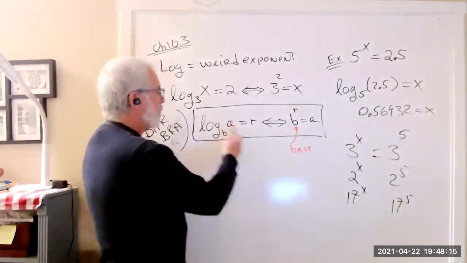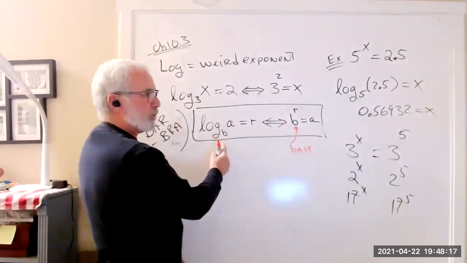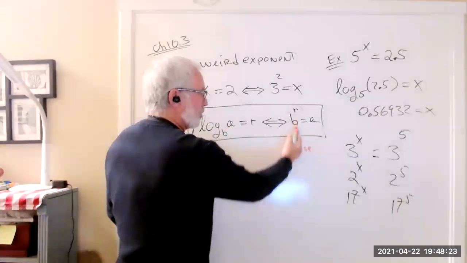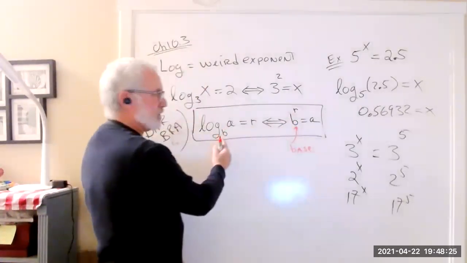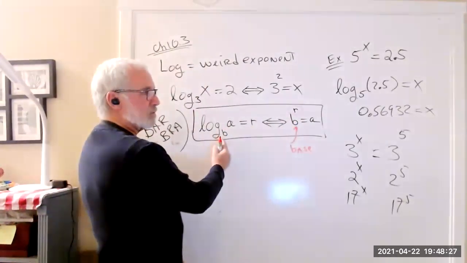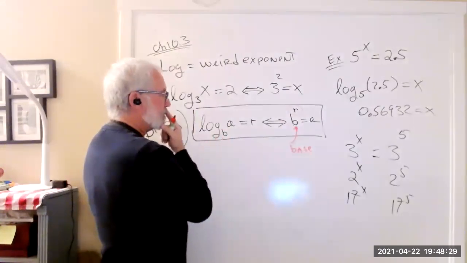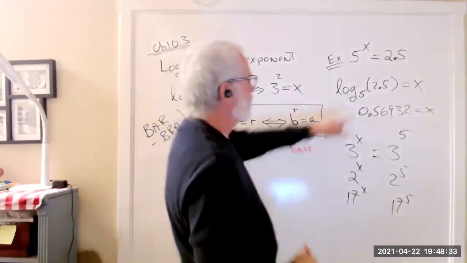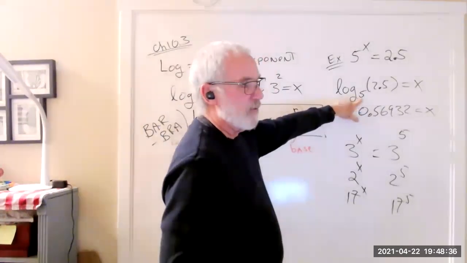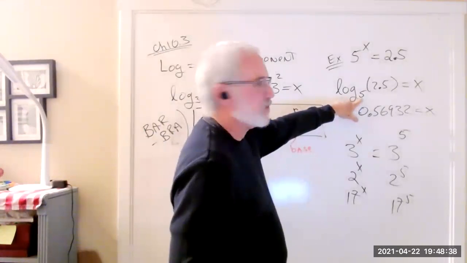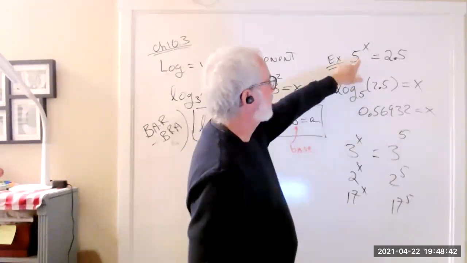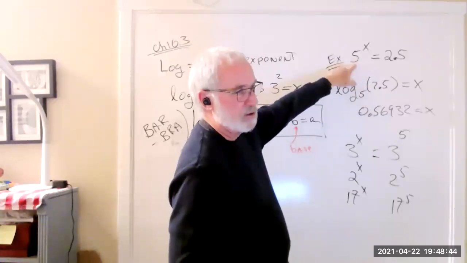So the base of the logarithm, log base b, is always the base of the exponential. The base is the base. So whatever you see here, 5, that means the base of the logarithm is the same thing as the base of the exponent.